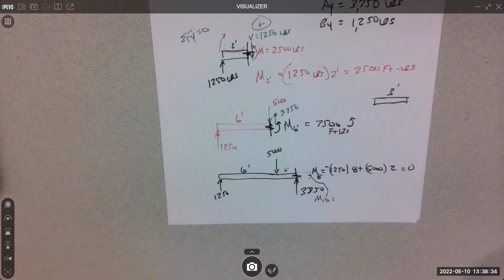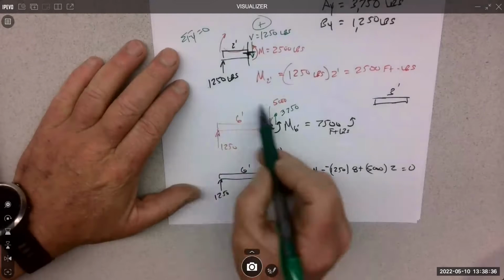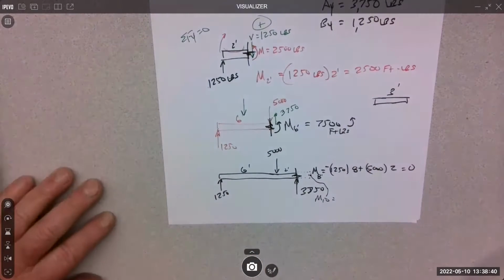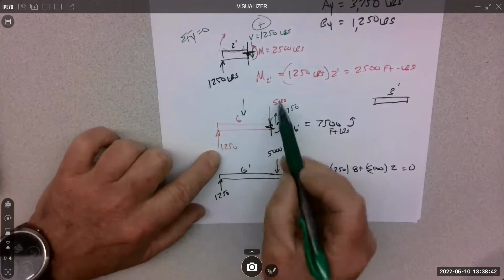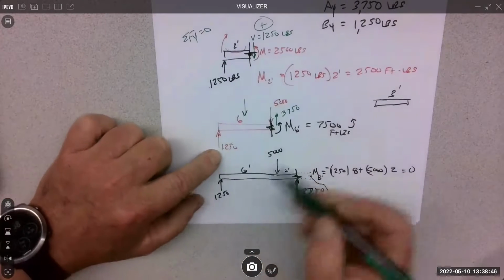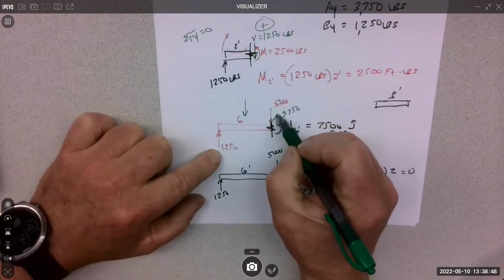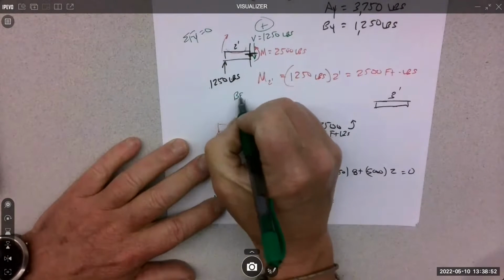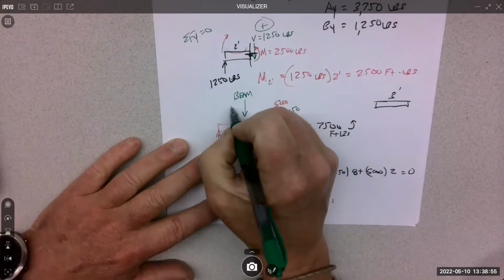Correct? So what's the effect of the beam? The beam effect is down, because there is a downward force out here, and this is balancing that downward force. So this is the beam effect.